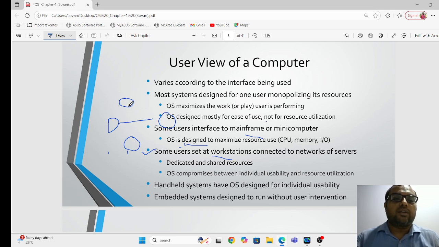All the systems are interconnected to each other, and each of the systems has the same types of resources, that is the CPU, memory, and IO devices, so all the resources are present. They are connected via a LAN or WAN network.